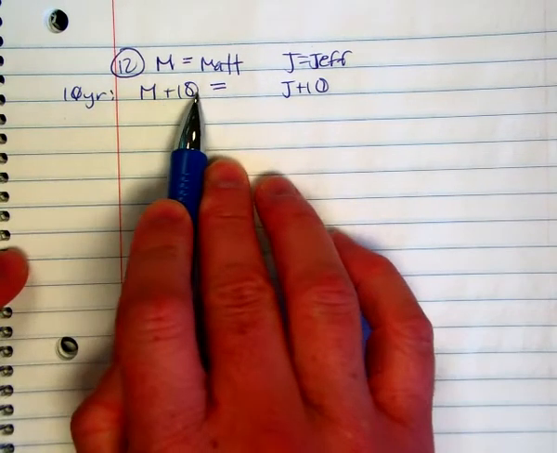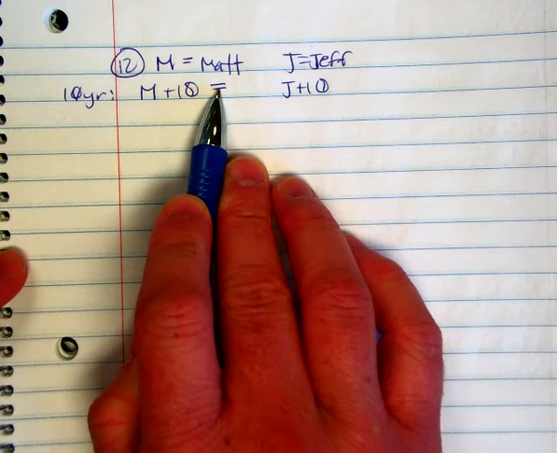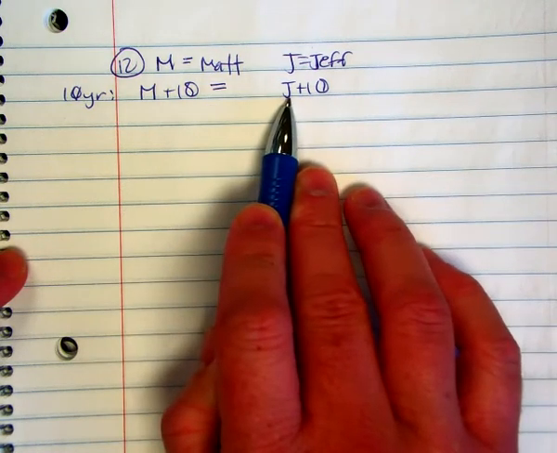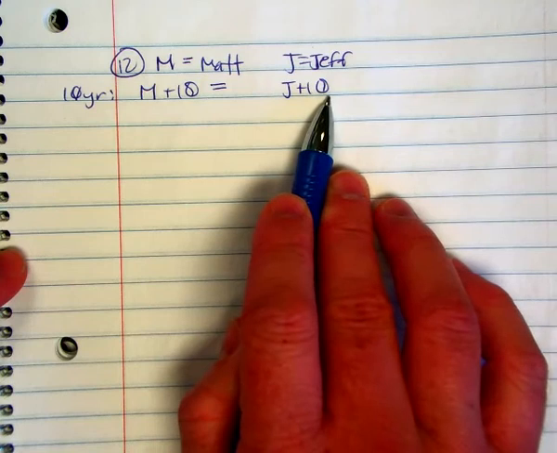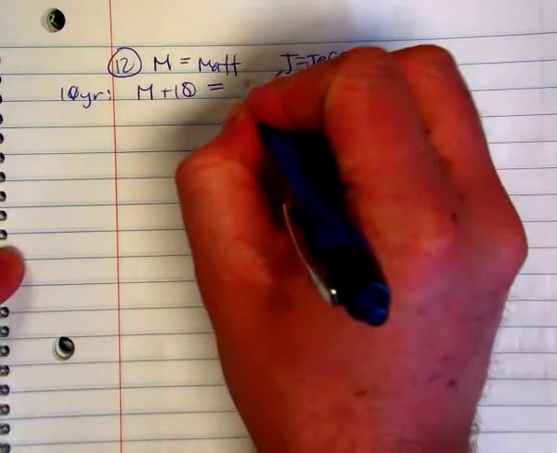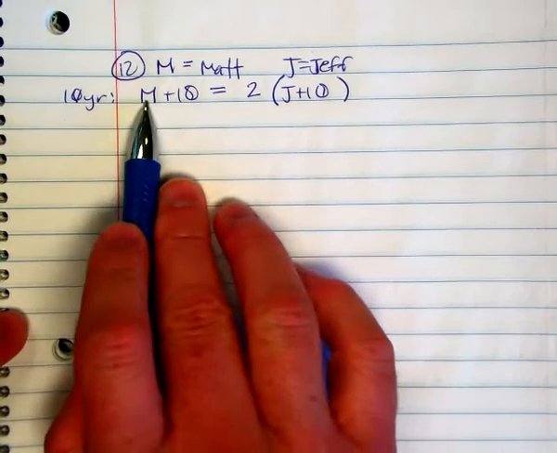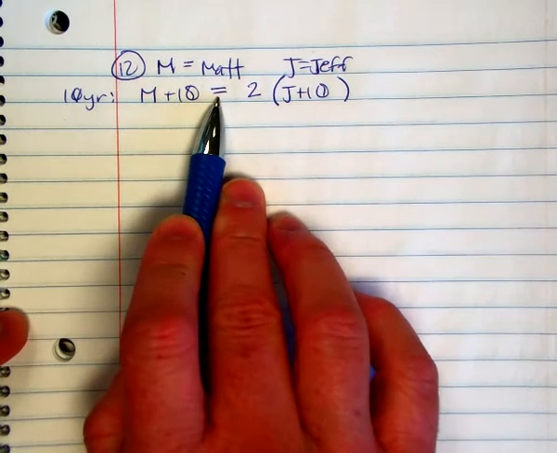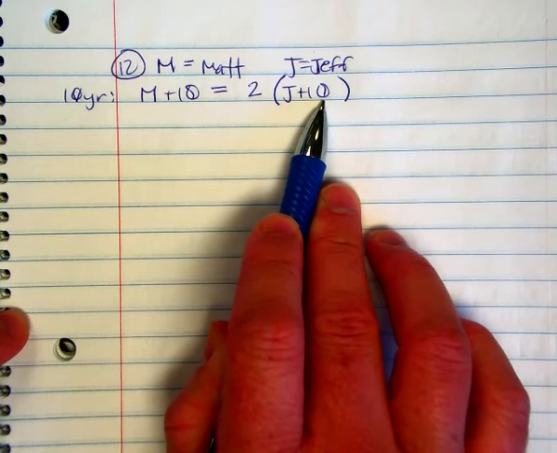So Matt, 10 years from now, will be twice as old as Jeff. Still talking about 10 years from now. So here's Jeff 10 years from now. Twice as old as this would be times 2. Isn't that what twice means? So, Matt 10 years from now will be twice as old as Jeff 10 years from now.